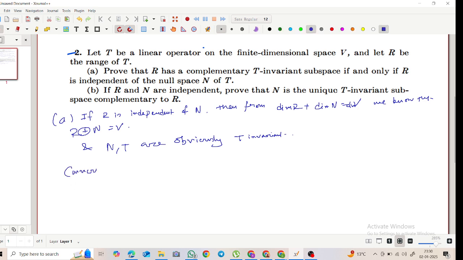Conversely, if R has a T invariant subspace R prime, let beta belong to R prime, then T beta is also in R prime, right?